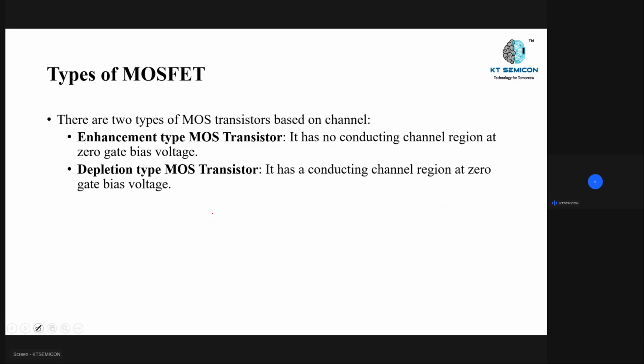Whenever we apply a gate voltage more than the threshold voltage, we can see the conducting path between the source and drain, right? And when we apply the voltage at the drain, VD, then we can see the operating conditions in a depletion type MOS transistor.